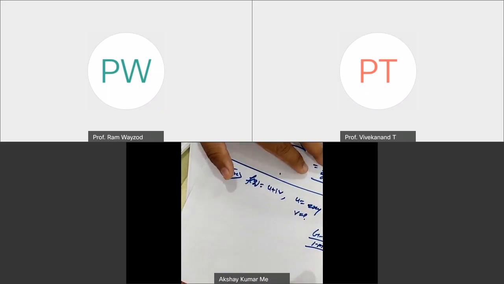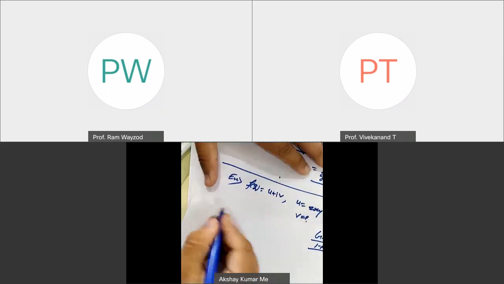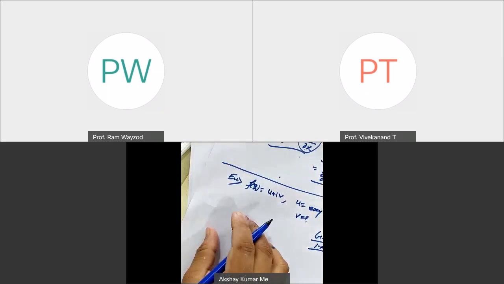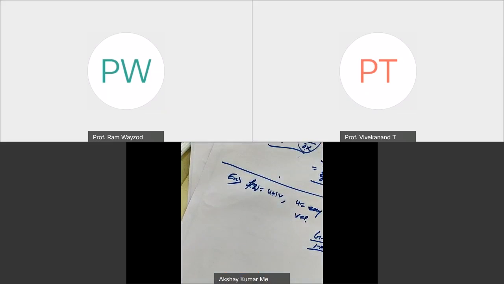So here, obviously we use the CR equations. The CR equation is again del u by del x is equal to del v by del y, and the second equation is del u by del y is equal to minus del v by del x.